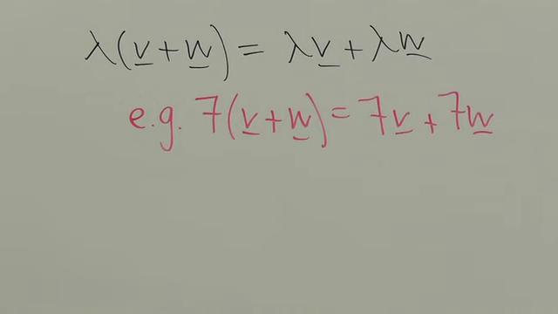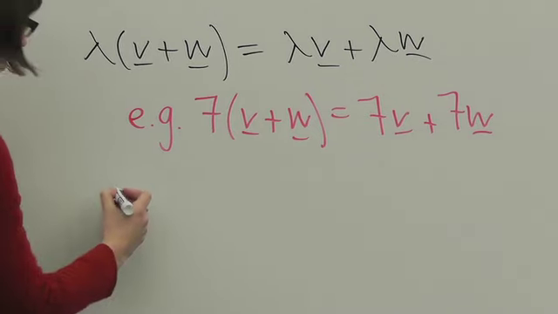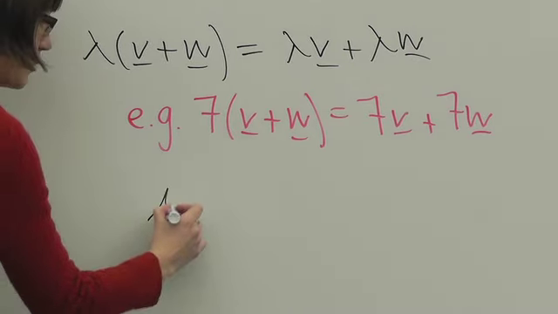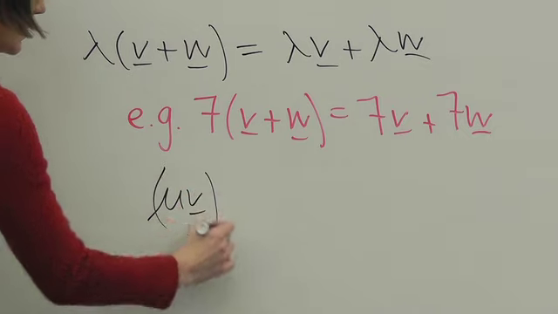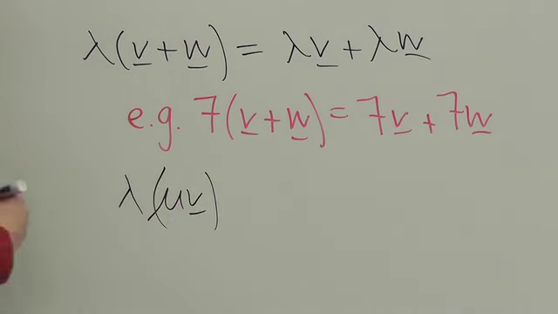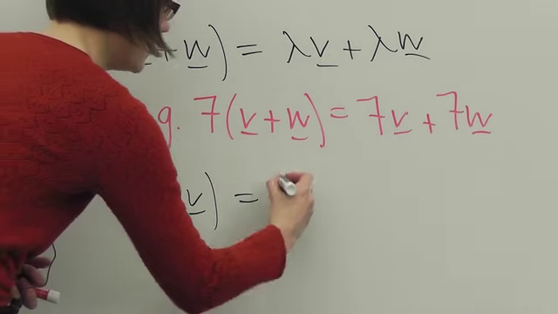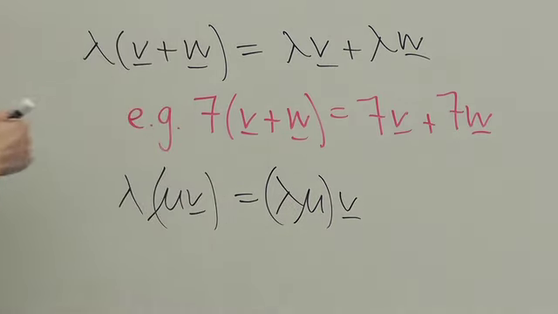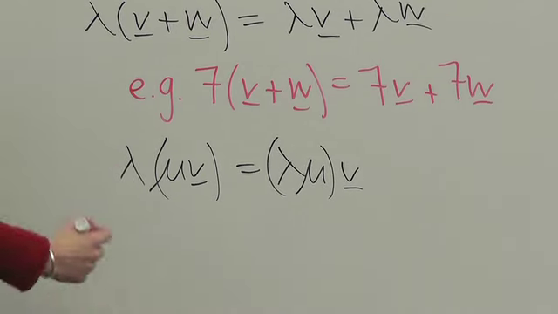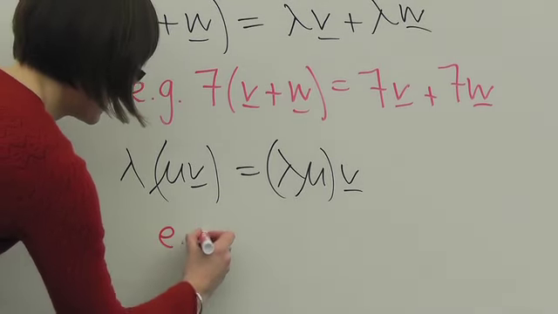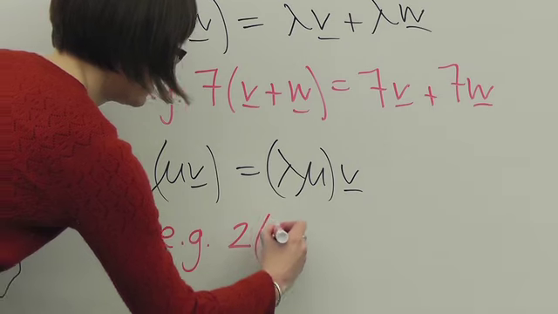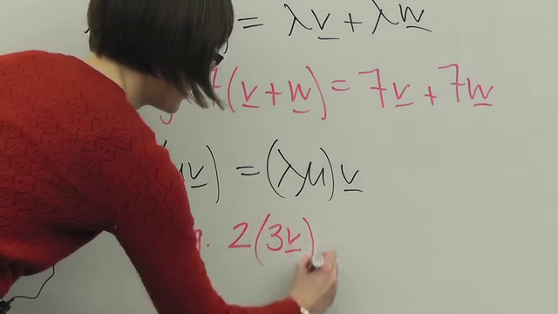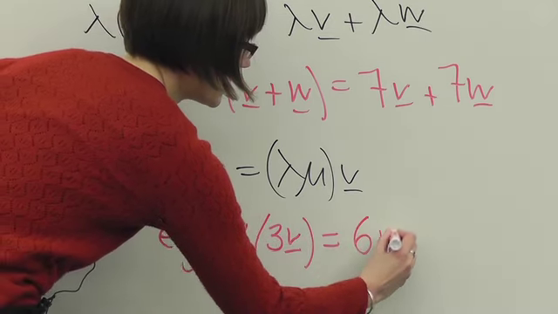And I'll just mention one more. If we want to multiply the vector mu v by the scalar lambda, that's always the same as lambda times mu times v. So for example, 2 times 3 times v is always the same as 6 times v.